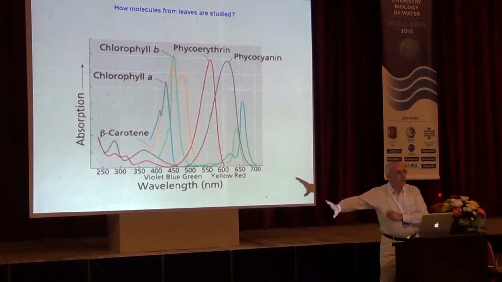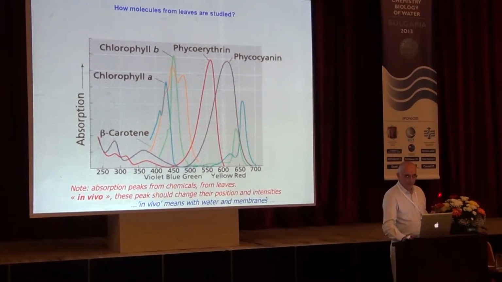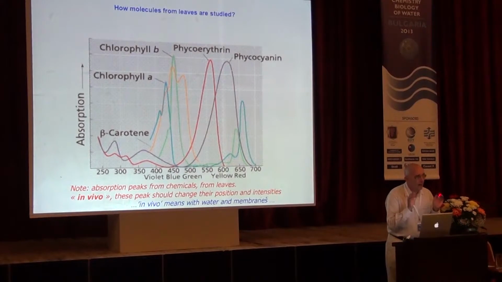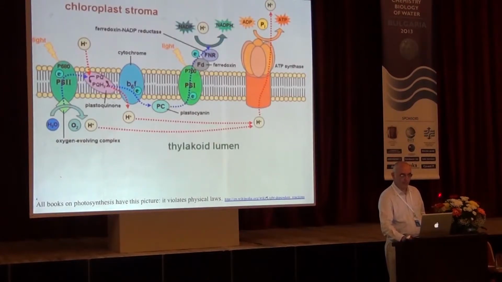But these are molecules separated from water, from the system. So in physics, normally, we have to work with the natural leaves and not with proteins separated from them. So these are not reliable experimental results for the photosynthesis process to get to conclusions.